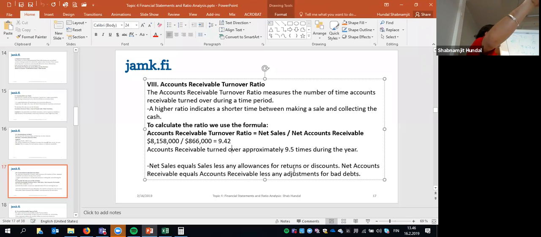Not the risk that he would run away, but the risk that during this waiting period, I might be suffering from cash shortage. Then what I do, when I sell the products today on 16th of February, and I send him the invoice and he signs it, I have the copy. Then if need be, I can immediately send the invoice to the banker and they can give me the cash.